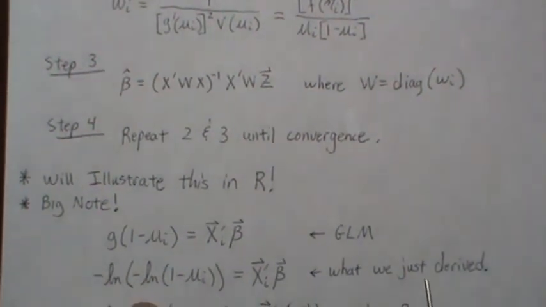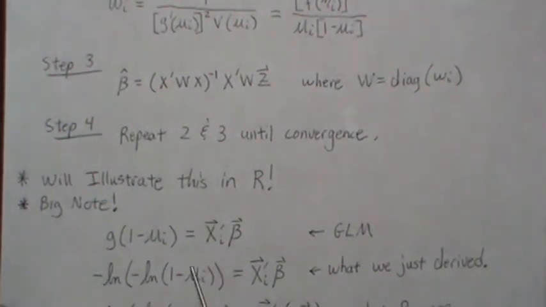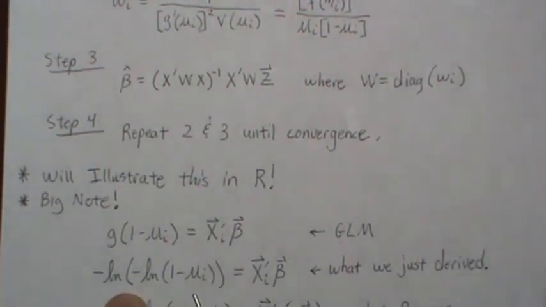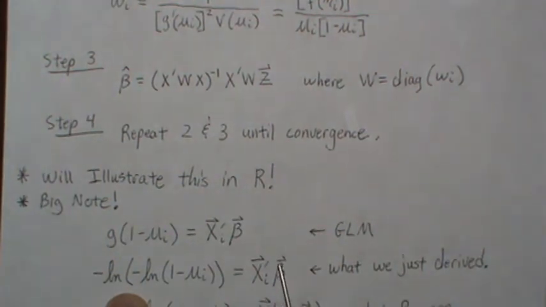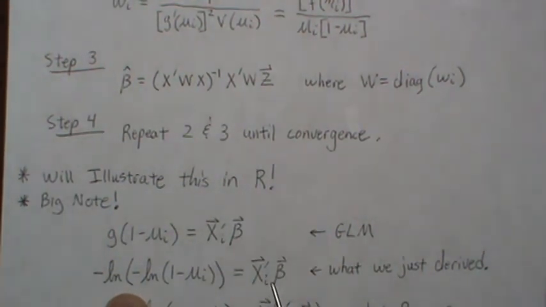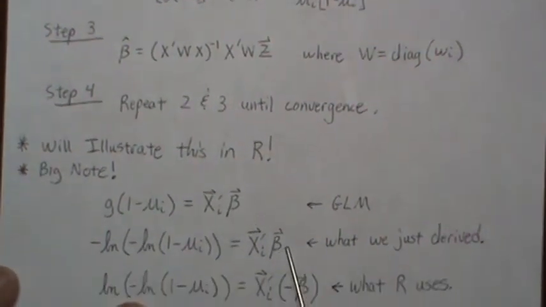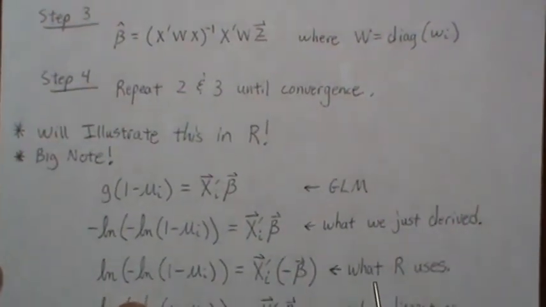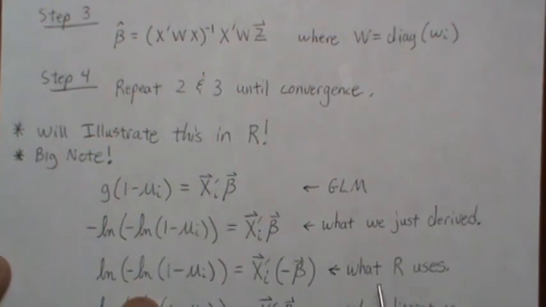Now, what we just derived was this. Remember, we took the inverse Gumbel distribution. That's this, right? And so we're modeling this, and that's what we'll come up with, these beta estimates, right? But what is done in R is they model this.